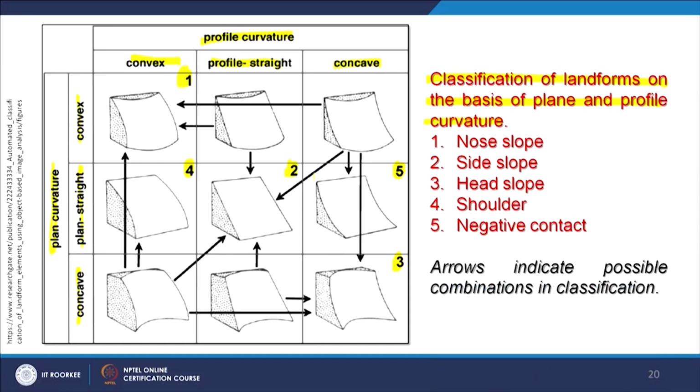So, these basically here arrows are indicating possible combinations of classifications, and some we have already indicated, and how these can be classified. The classification of total curvature or standard curvature will allow you to understand the terrain from a geomorphic or landforms point of view much easier.